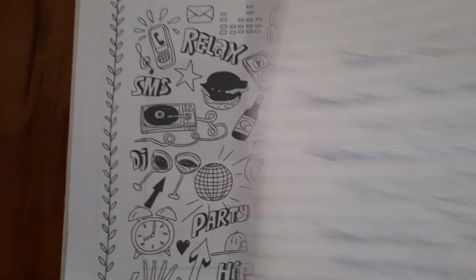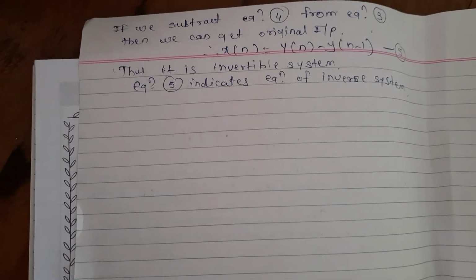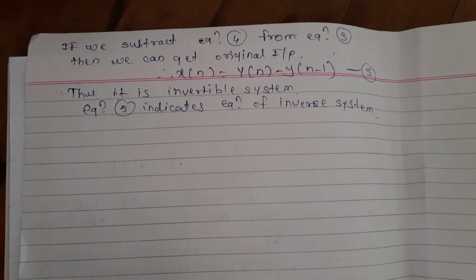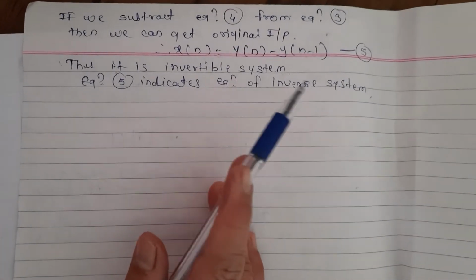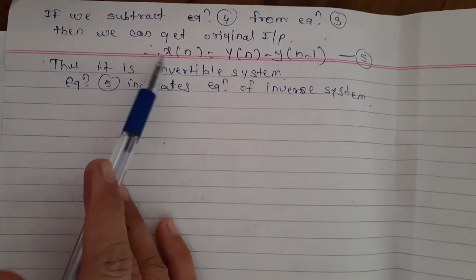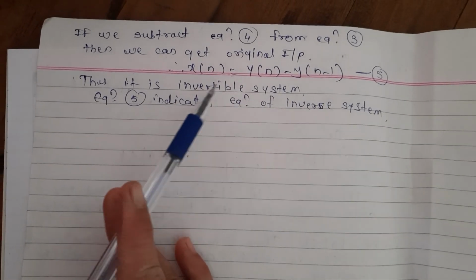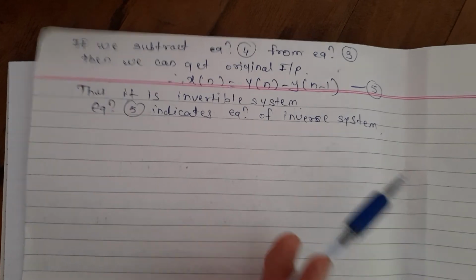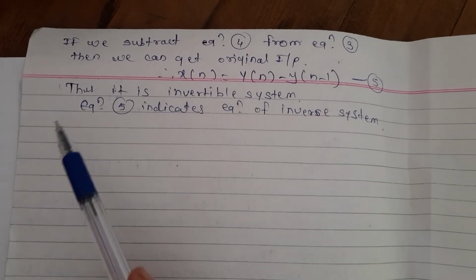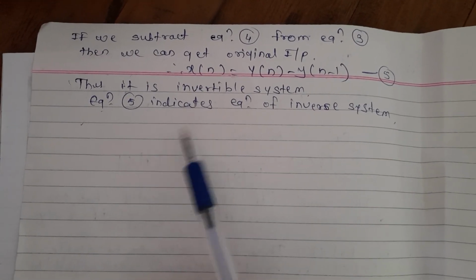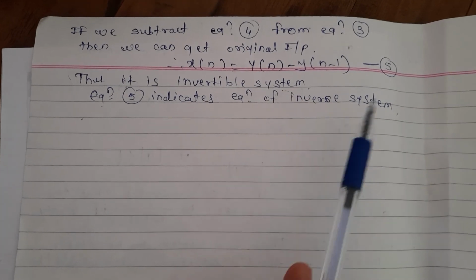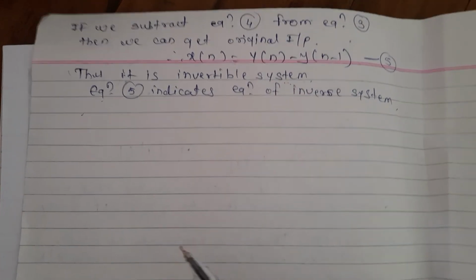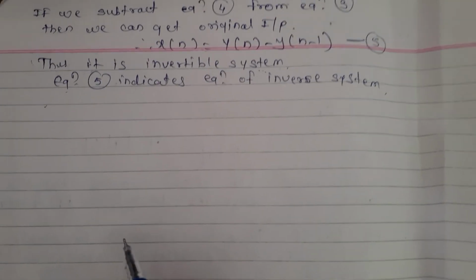So if we subtract equation 4 from equation 3, then we can get the original input. So the equation becomes x of n is equal to y of n minus y of n minus 1. This is equation 5. Thus it is an invertible system, and this equation 5 indicates the equation of the inverse system.